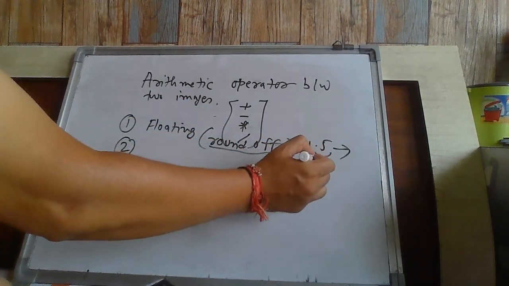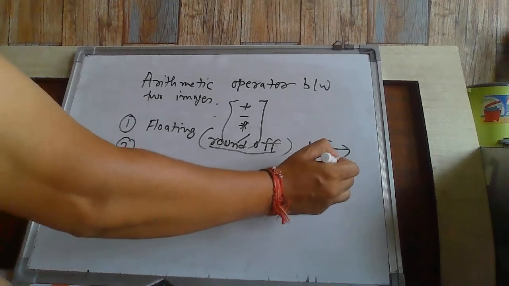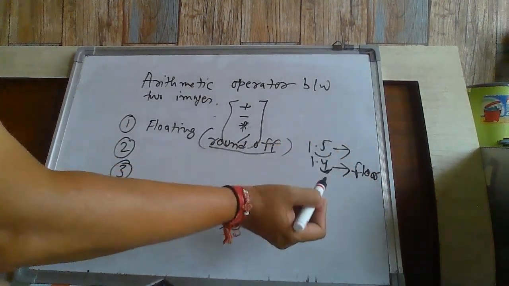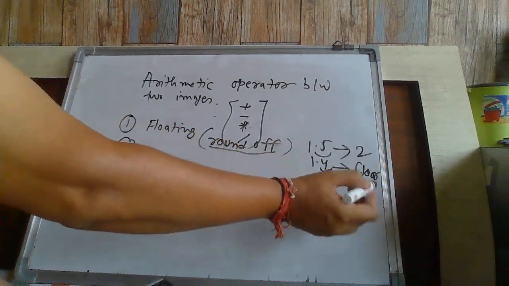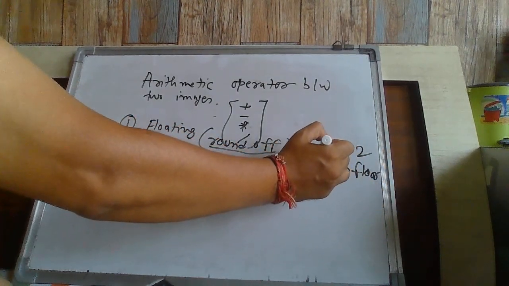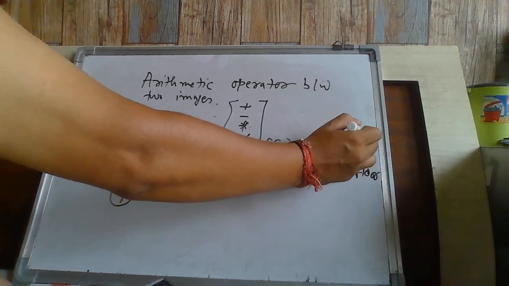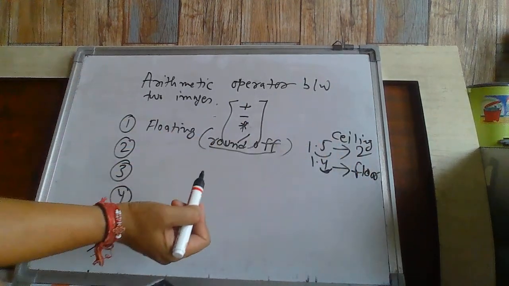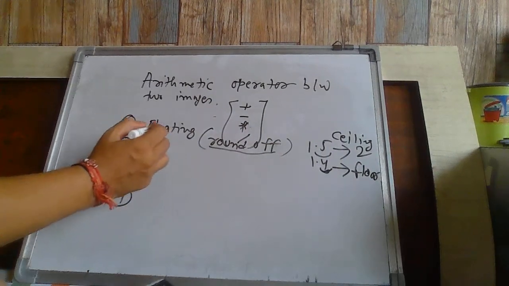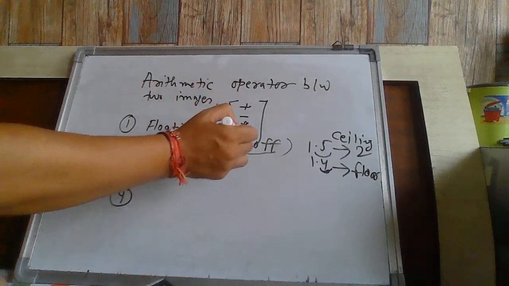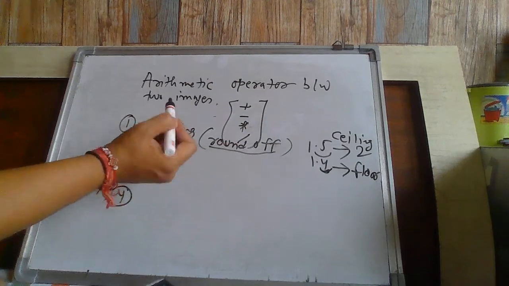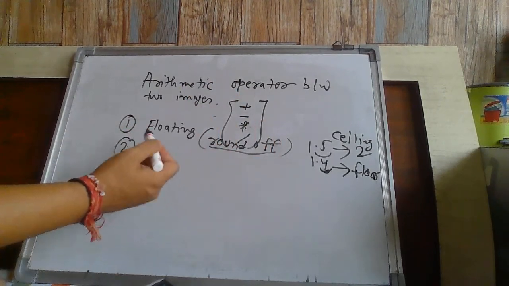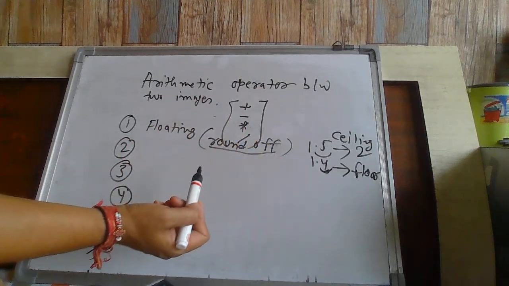If it is less than 0.5, we take its floor function. So if it is greater than or equal to 0.5, you take the ceiling function for rounding off, and if it is less than 0.5, you take the floor function. So the first rule should be clear: by applying any of these operations, if you get a floating point number, you should make it either ceiling or floor based on the value you have obtained.